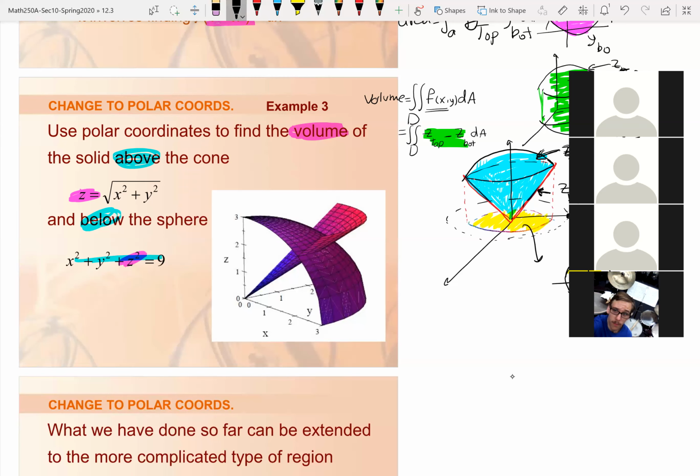What's the radius? That's the question. What is the radius right over here? How do I find that radius? Any idea? How big is this radius?